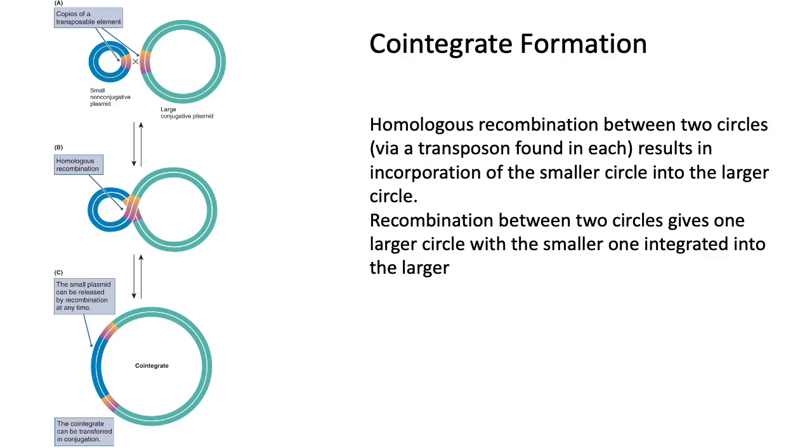Now, great. It's no longer in the plasmid, and now it's in the chromosome. But there was more than one copy of that plasmid in the cell, an identical copy of the plasmid. And now, the chromosome and the plasmid both have this transposon identical in each circular DNA.